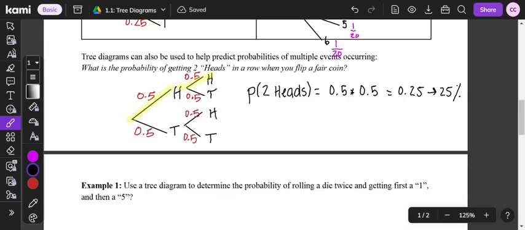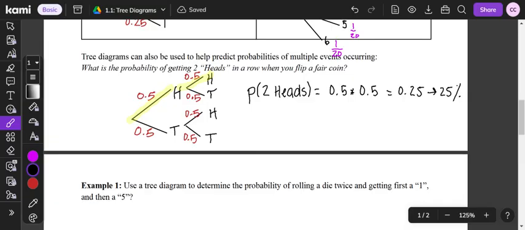Now, one other quick thing I want to show you, this is why tree diagrams are really useful. Let's say you forget that you need to multiply those two together. Well, 25%, if I were to think of what that would be as a fraction? 25%, 25 cents, a quarter. 25 or 0.25, that is 1/4, right? And so if we go back to our probability formula, you have the number of times an event occurs divided by the total number of outcomes.